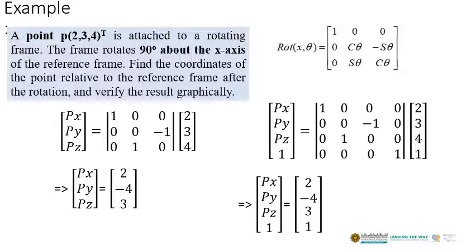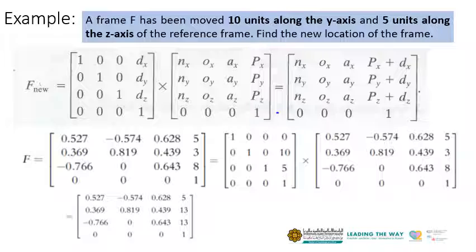Now, let's move on to the next slide. Okay, let's say we have another example with translation. Let's say we have a frame that has been moved 10 units along the y-axis and 5 units along the z-axis from the reference frame, and we need to find the new location of the frame.